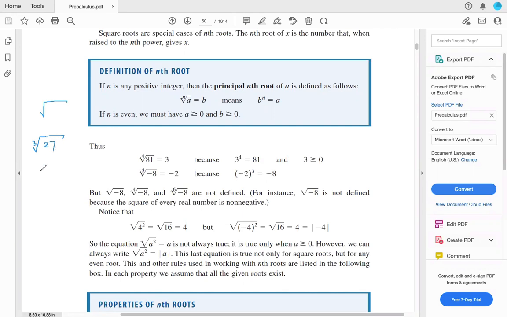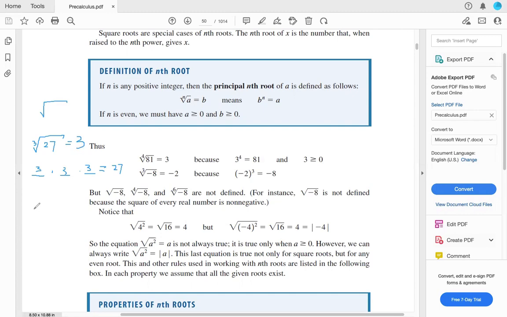It means I need 3 numbers that are the same, multiplied together, to give 27. We know that 3 times 3 times 3 equals 27, so this equals 3.